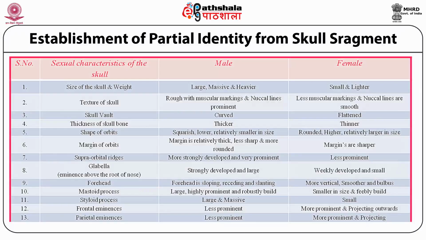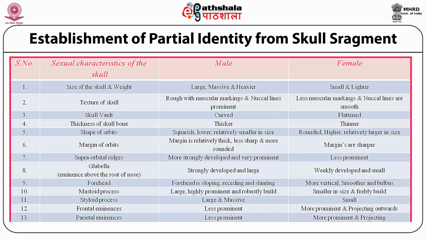The establishment of partial identity can be done from skull fragments, which includes the size and weight of the skull, texture of the skull, and skull vault, that is curved in males and flattened in case of females.